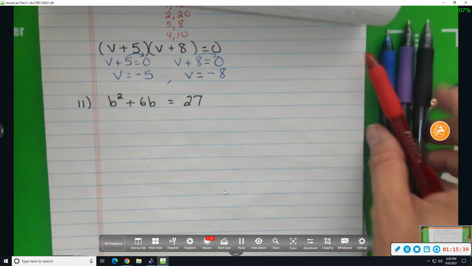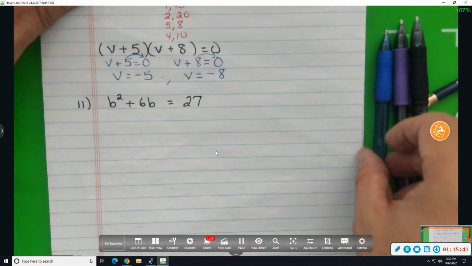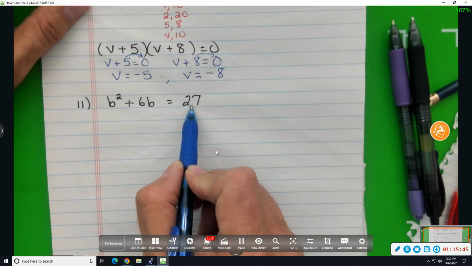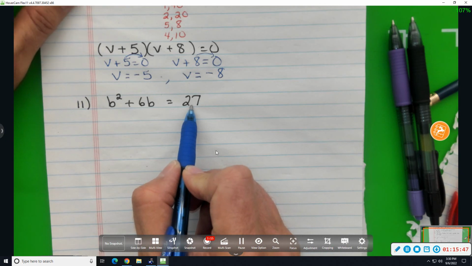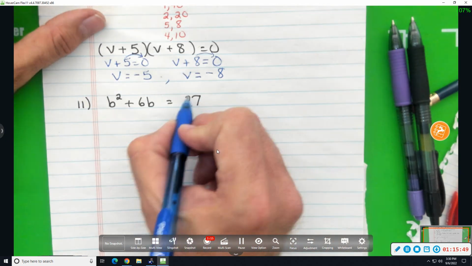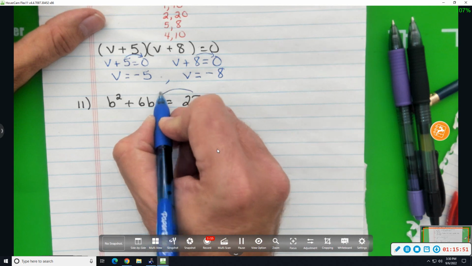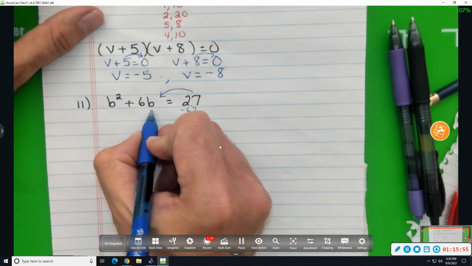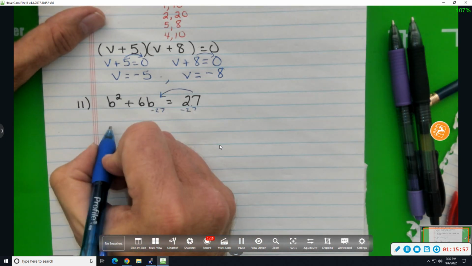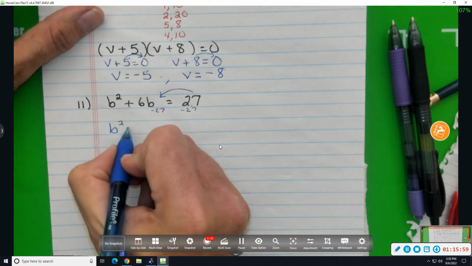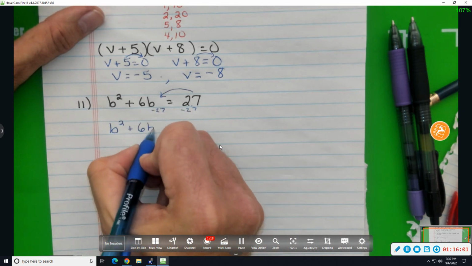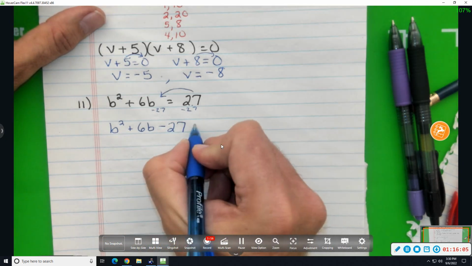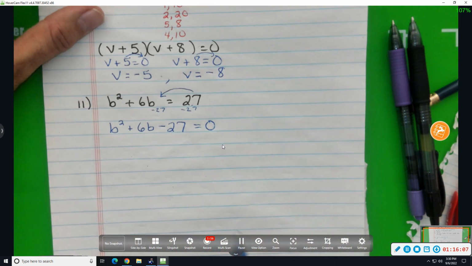So here on number 11, instead of a 27 right here, we need a 0. How am I going to get a 0 there? These little arrows that I just drew mean subtract 27 from both sides. So we have b squared plus 6b minus 27 equals 0.